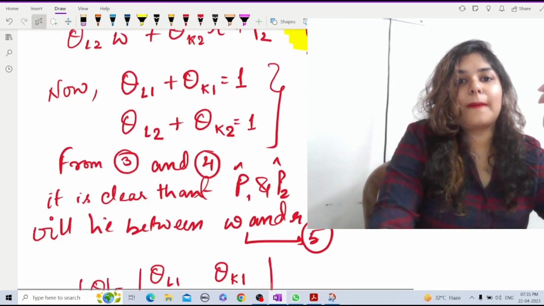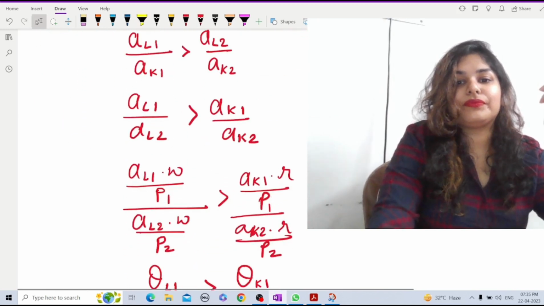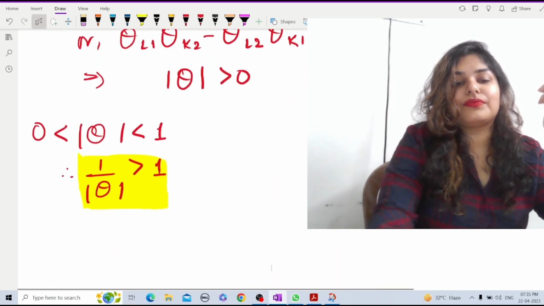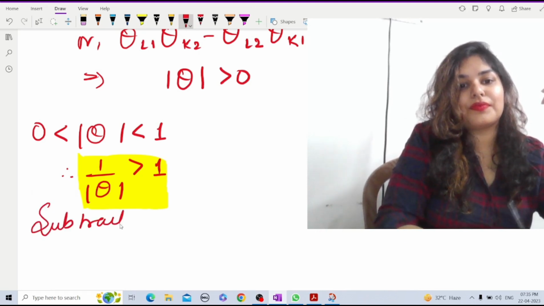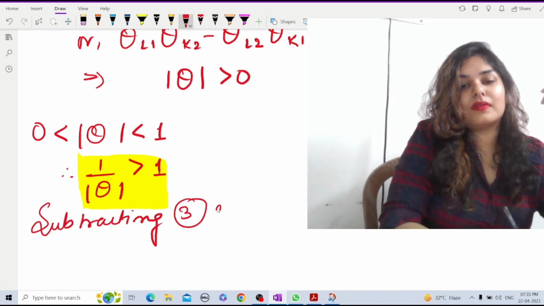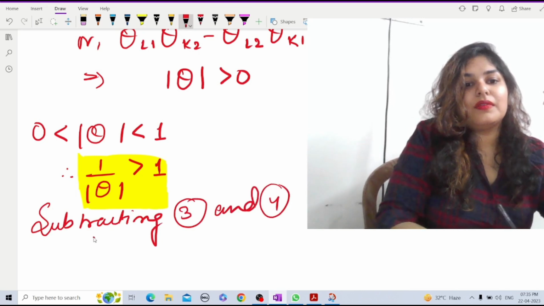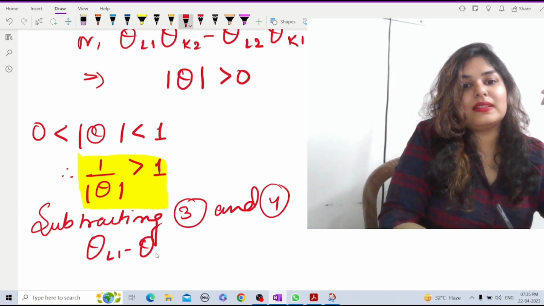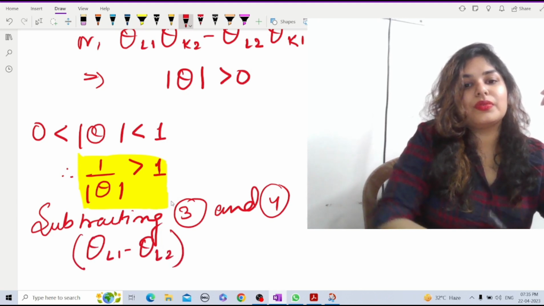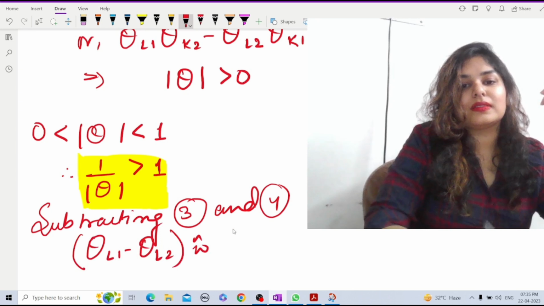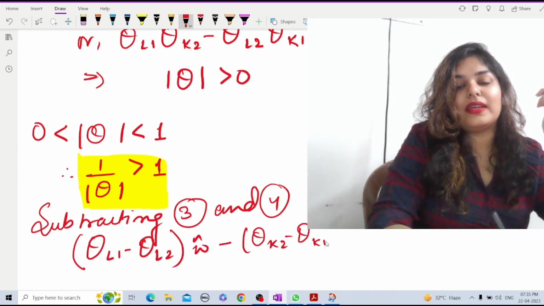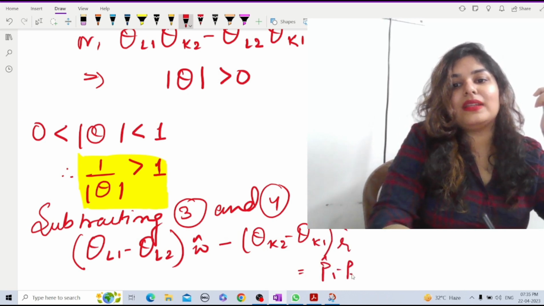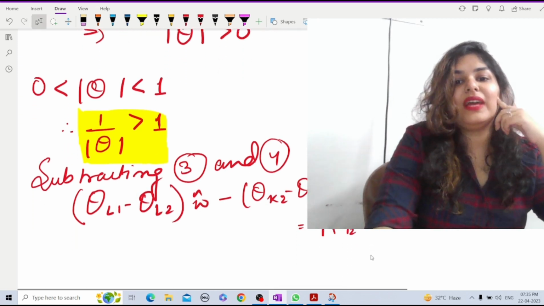So what do we get? We get theta L1 minus theta L2 into W hat minus theta K2 minus theta K1 into R hat is equal to P1 hat minus P2 hat. This is the result that we have got.